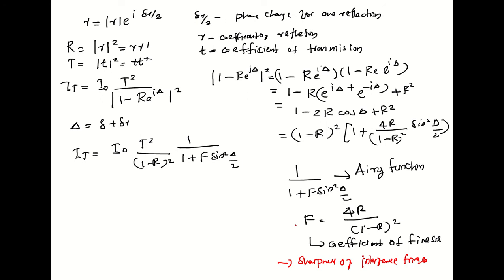Now we will see the general behavior of the Airy function. The general behavior of an Airy function can be denoted with a figure, so I'll just add one more slide over here. Okay, one sec.